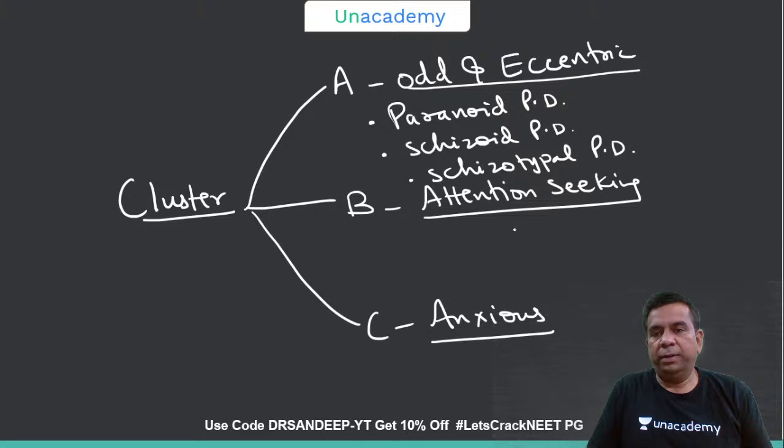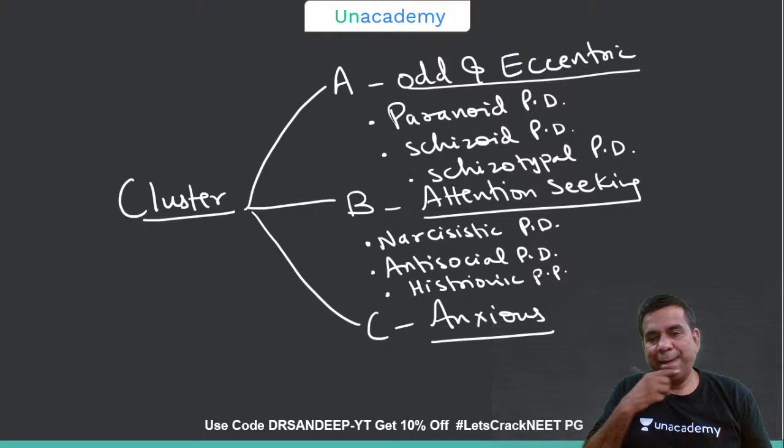Here in cluster B we have narcissistic PD, antisocial PD, histrionic PD and borderline PD.